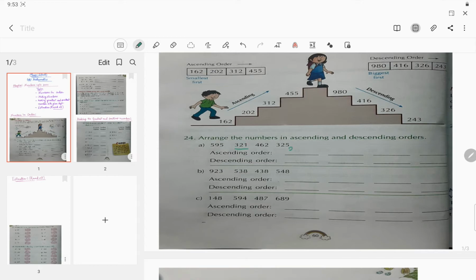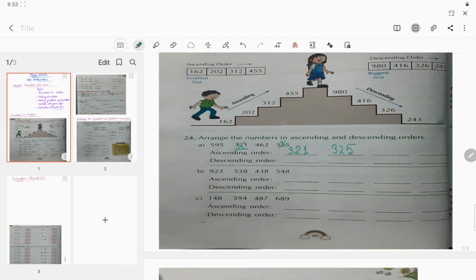So write down 321, then cross it out. Now you have to find out the smallest one among these numbers except 321. So it is 325. Write down 325, then cross out.